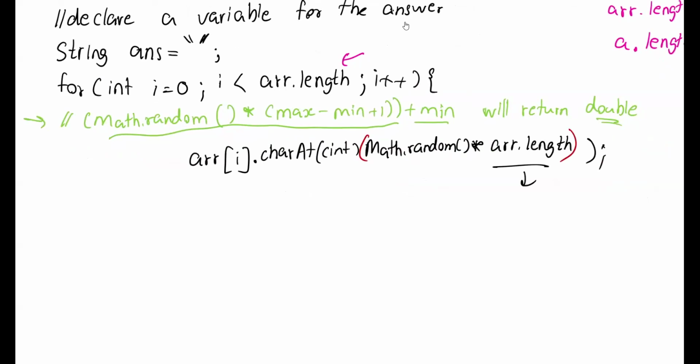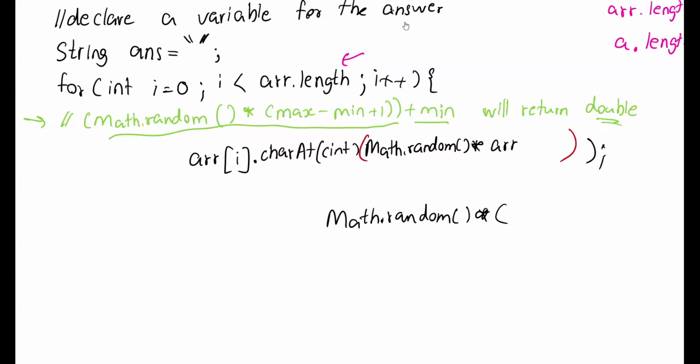So why do we use .length? As we can say, Math.random times, where's the max value? The max value is, it is not array.length, my bad. Sorry, it is not array.length. Array.length is the size of the array.